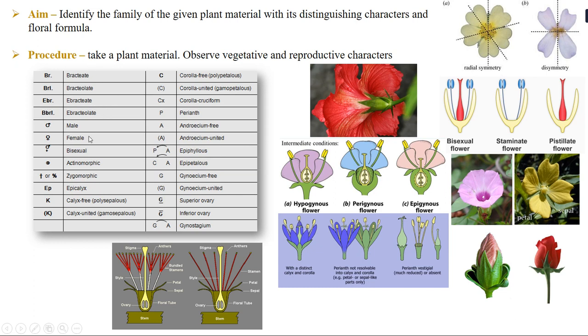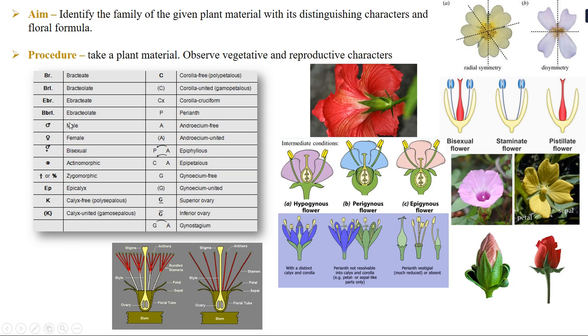Coming to the next character. There are some flowers which are unisexual and there are some flowers which are bisexual. So if a plant or a flower is unisexual and it shows only the staminate flower, that means only the male reproductive organ or the androecium, the symbol is being denoted as this.